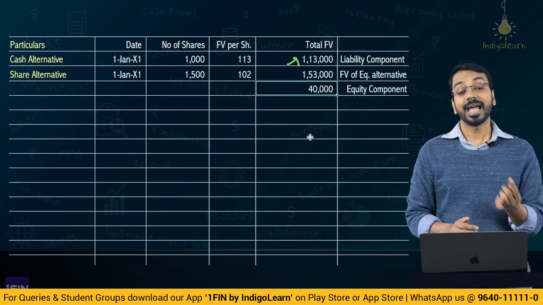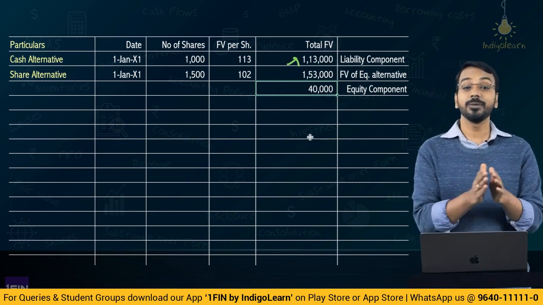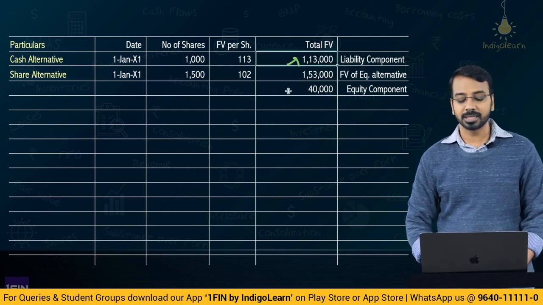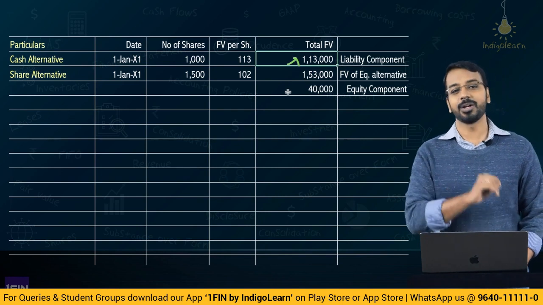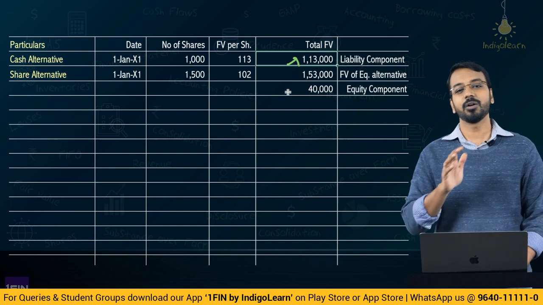And we know that the liability component or cash settlement alternative has to be remeasured at the end of each reporting period. So, we will not account considering 1,13,000. We will account for the cash settlement alternative considering the fair value as on 31st of December of year 1.